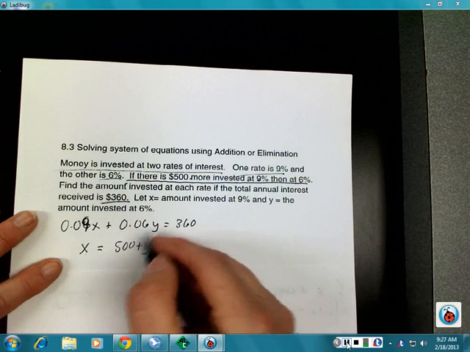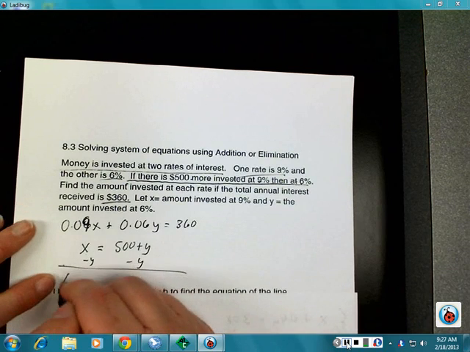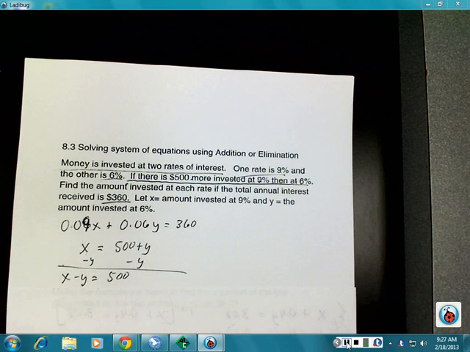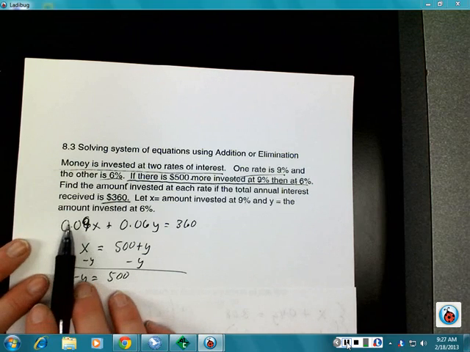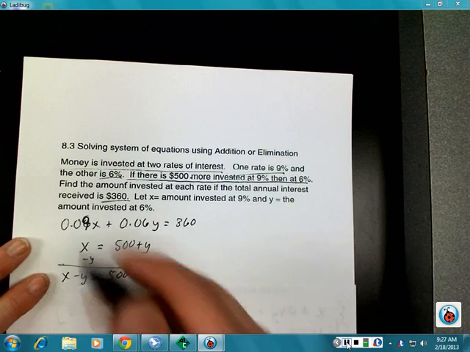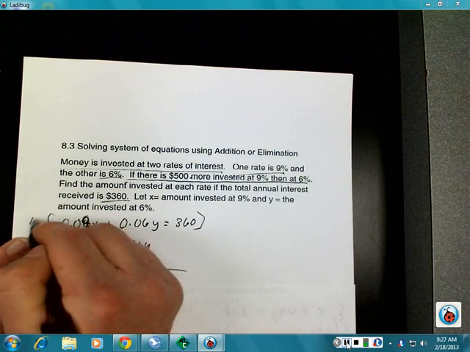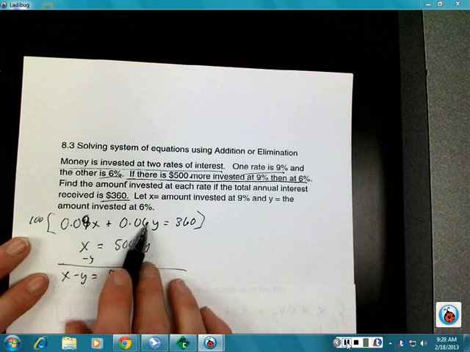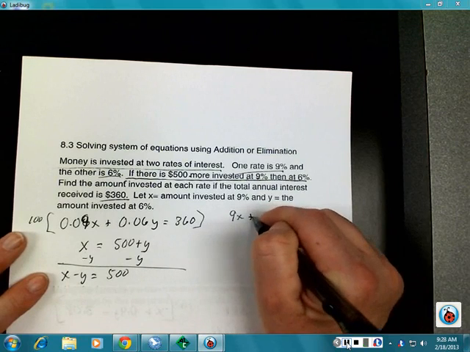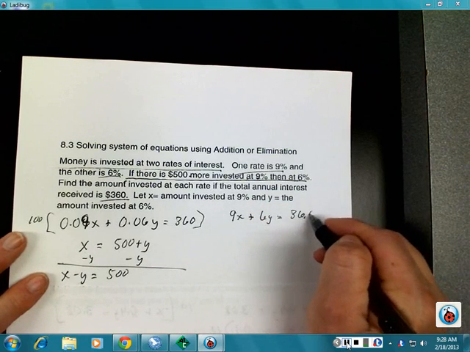So that means if I subtract Y from this side, I'm going to have X minus Y is equal to 500. Now I have 2 set equations to work with. So I want to clear out my decimals. So I'm going to multiply this equation by what? I'm going to multiply it by 100 because these are all in the hundredths position. So I have 9x plus 6y is equal to 36,000.